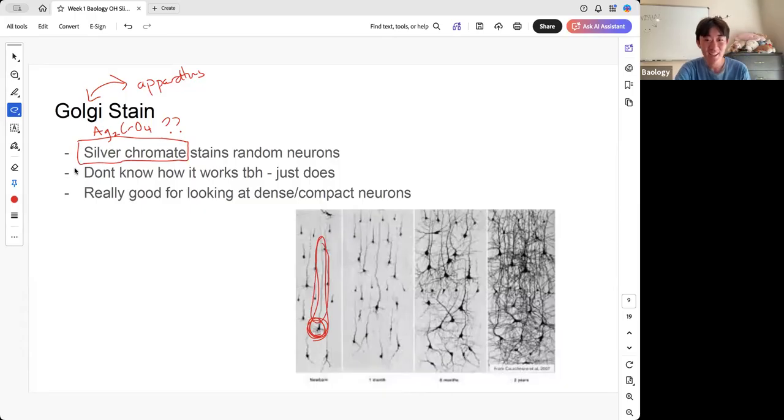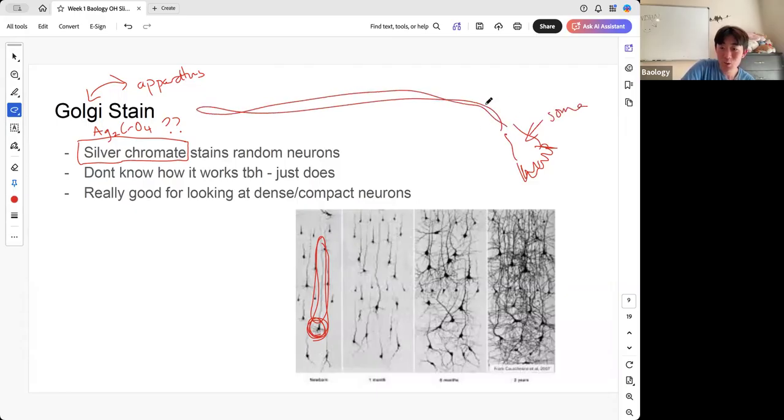Axon. Yay! That is correct. So, taking a brief detour from staining, you have these short dendrites. This is not a very good picture of an axon. Then you have the soma, and then you have your big axon. It receives signals from other neurons here, typically, and then there's the nucleus and stuff here.